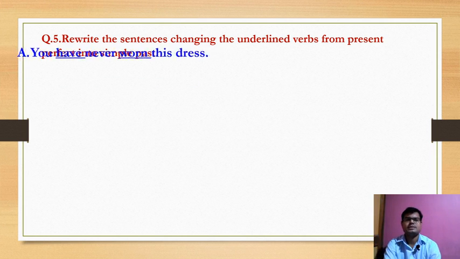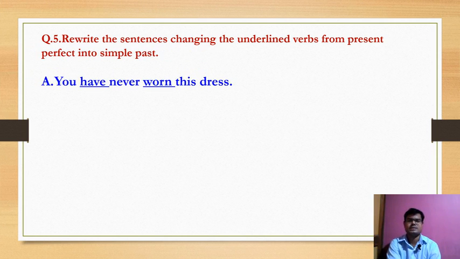Look at the sentence: you have never owned this dress. So simply the answer will be what? Here we have to omit this. We don't want present perfect, we want simple past. So simply: you never owned this dress.